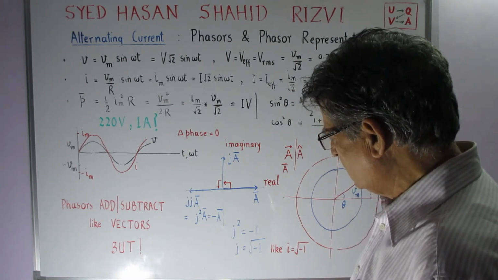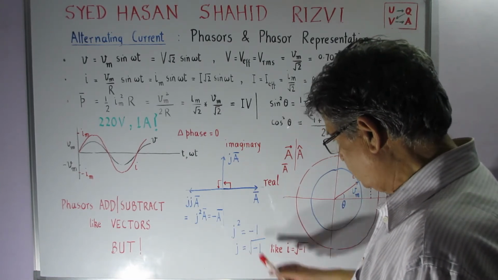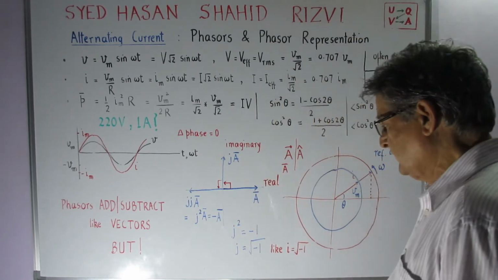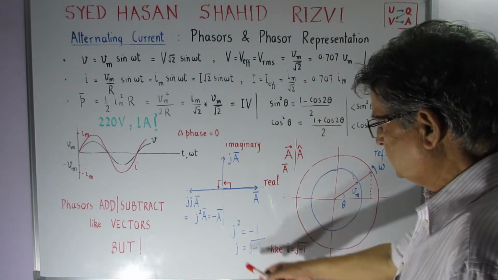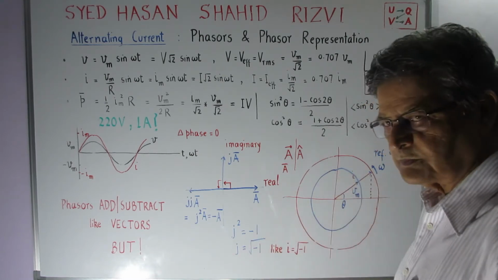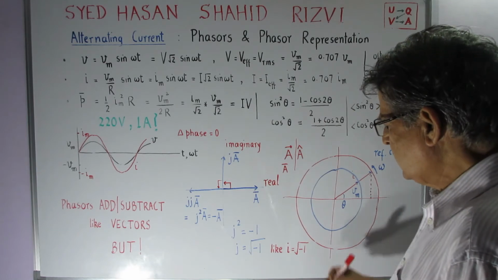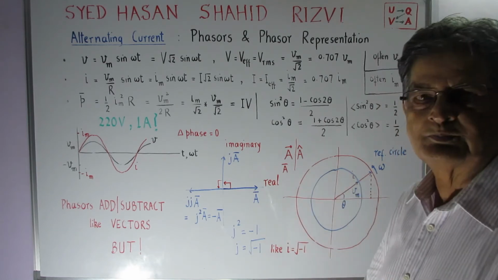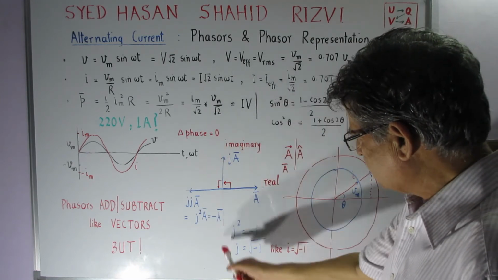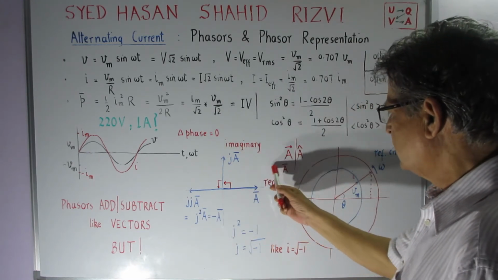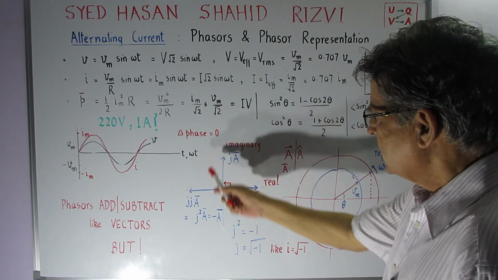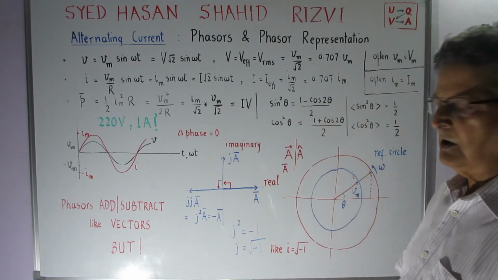This 1 is our 1, 2, 3, 4, that one. So j becomes equal to under root of minus 1, which is an imaginary quantity. That is why on this xy axis, the x-axis I write as the real axis, and this axis we take as the imaginary axis.